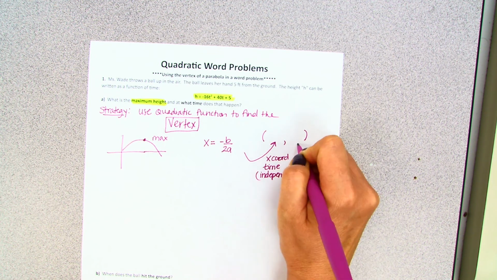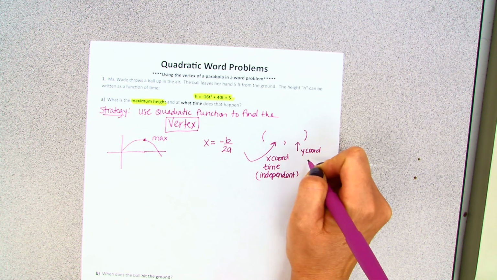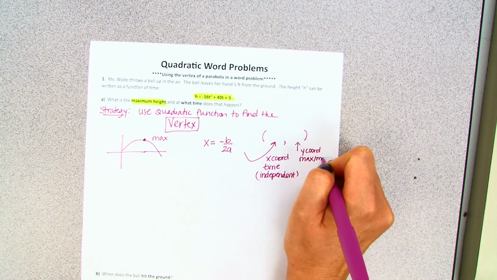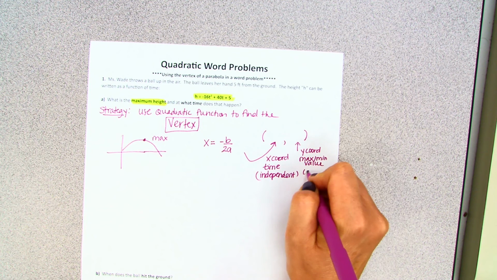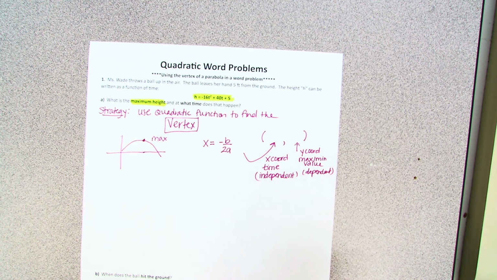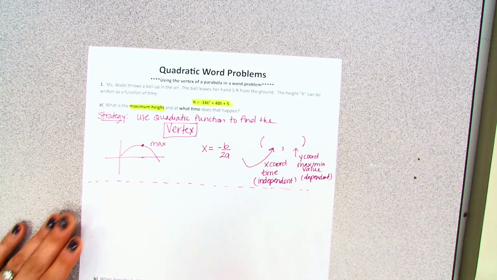The y coordinate typically is the actual max or min value. The x is when that happens, and it is the dependent variable. Okay? So that's the basic strategy of how you're approaching these problems.